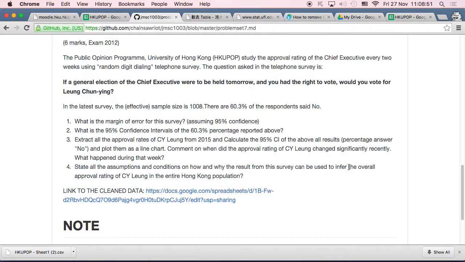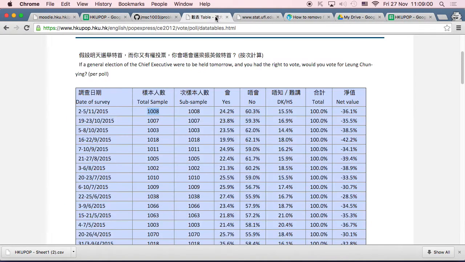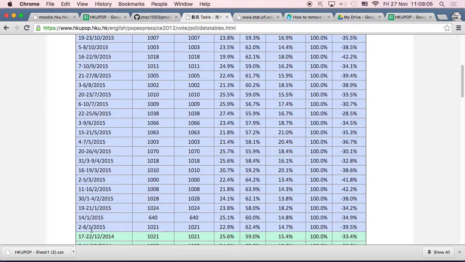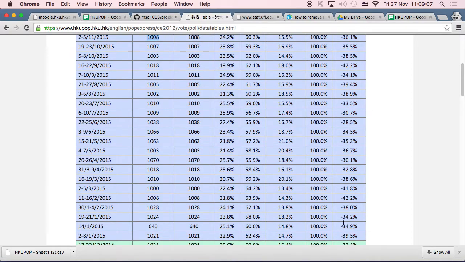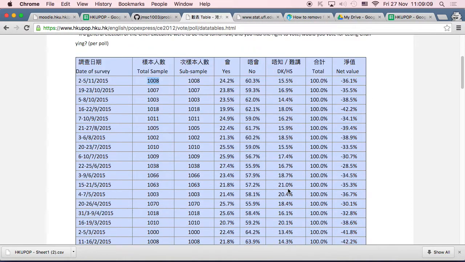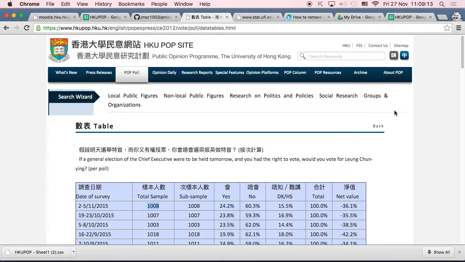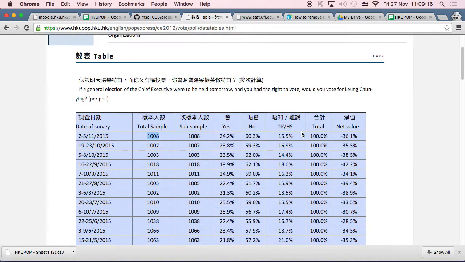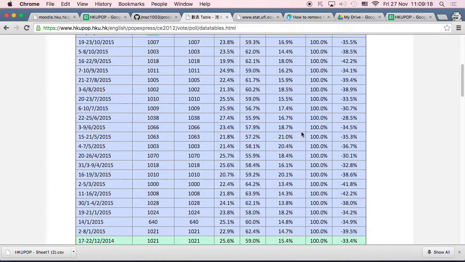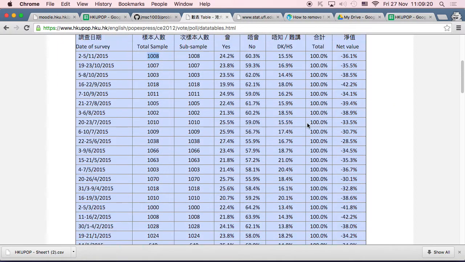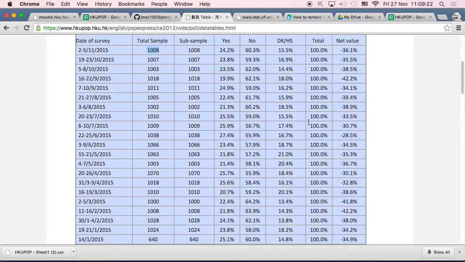The next one, question 3, is difficult and easy at the same time. What we need to do is extract all the information from all the surveys from this year, and then calculate the 95% confidence intervals for all of them. In the previous section of the tutorial, this question was difficult.